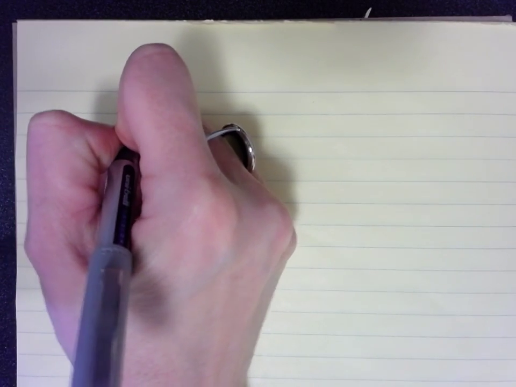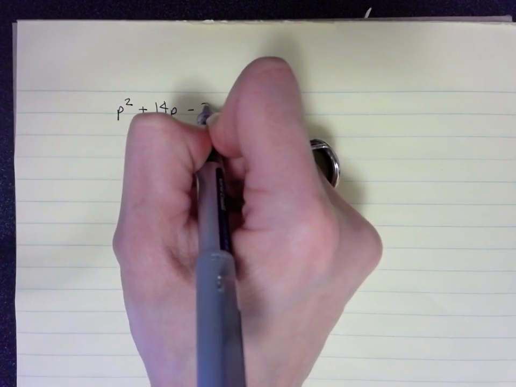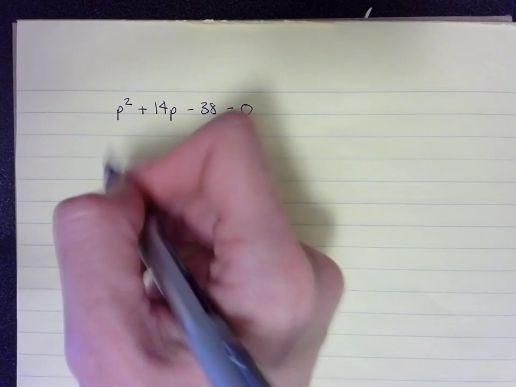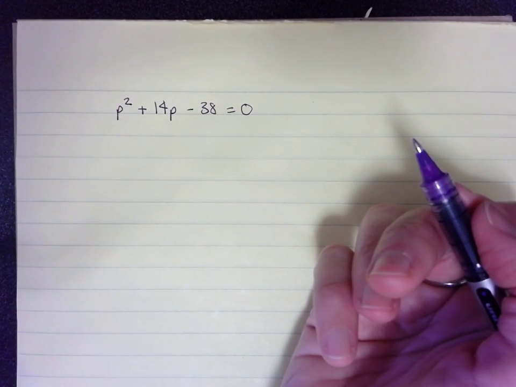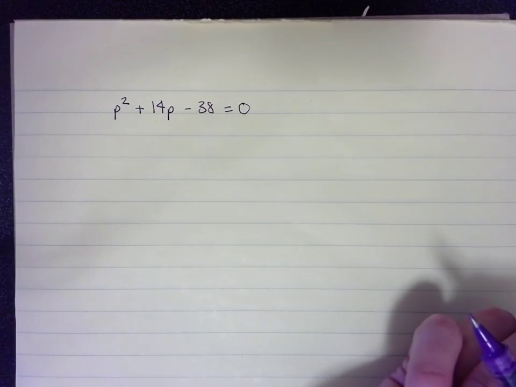So let's move on to how would we take this idea and solve a quadratic equation. Well, if I have p squared plus 14p minus 38 equals 0, I can't factor this, I can't solve it by any method right now that I know, but watch what happens.